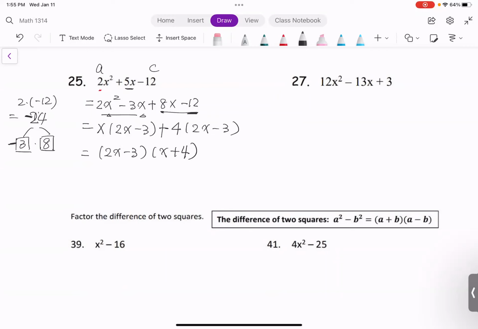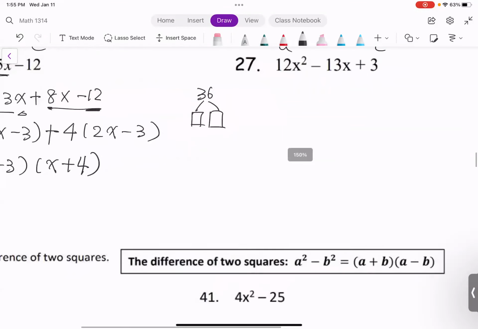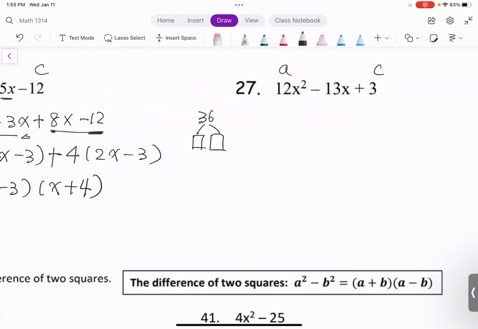And the next one, A is 12, C is 3. So A times C is 36. Find two factors. It's so tiny, make it big. So find two factors whose addition can make negative 13. What are they? You can try 2 and 18.